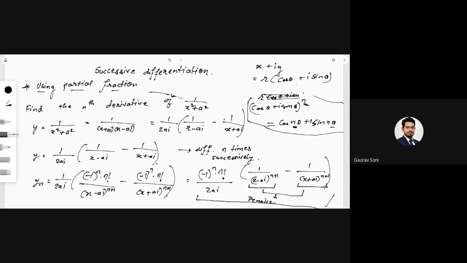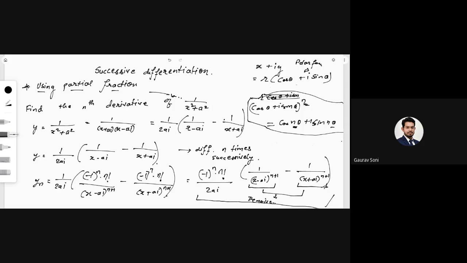The same theorem I am going to use over here. So x minus ai, I will write in the form r cos theta plus i sin theta, which is called the polar form. This we have already studied. So what I will do is write x minus ai and x plus ai in polar form, and then use De Moivre's theorem in order to simplify.